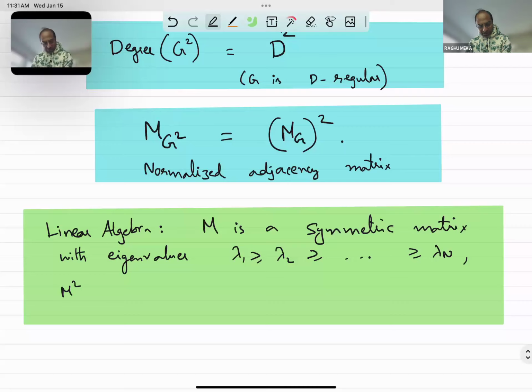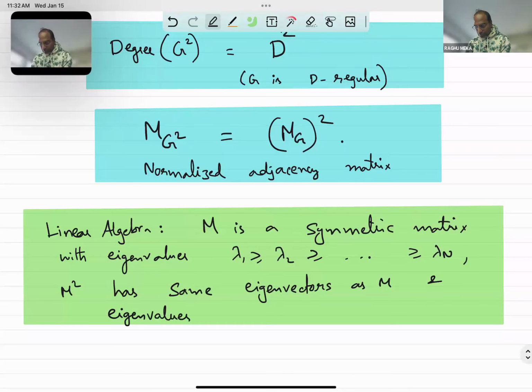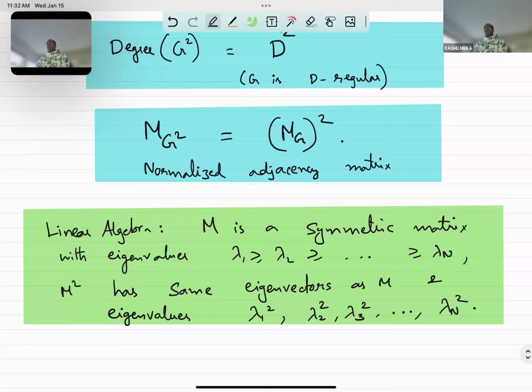Then M squared has the same eigenvectors as M. So the eigenvalues also square.